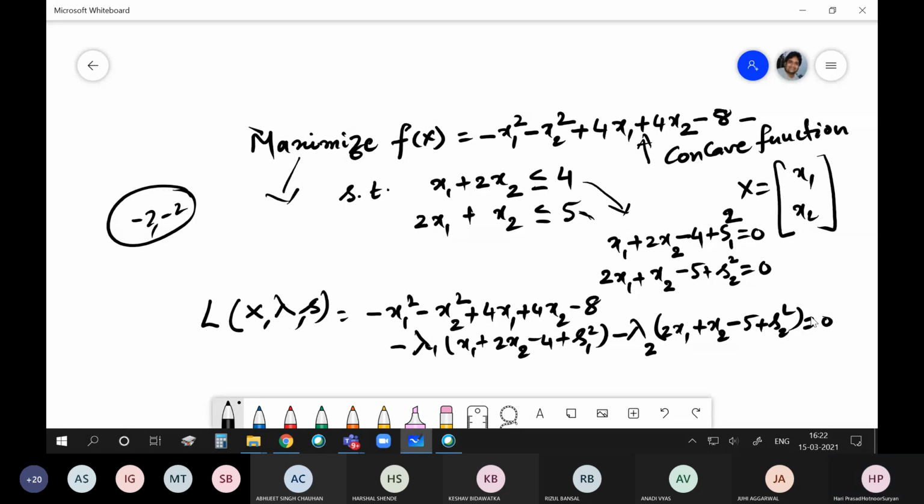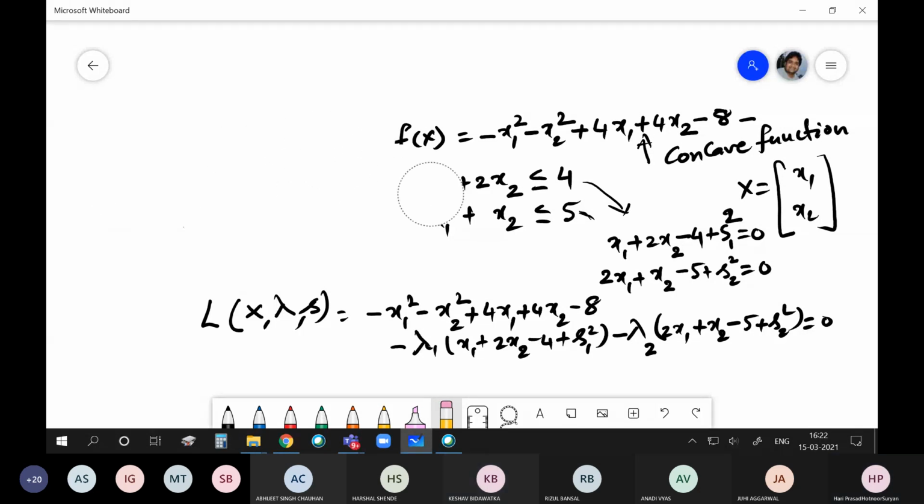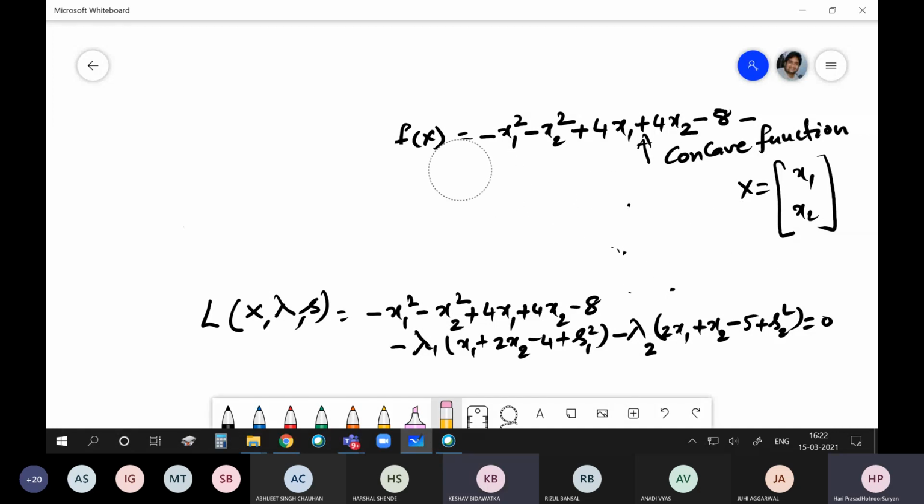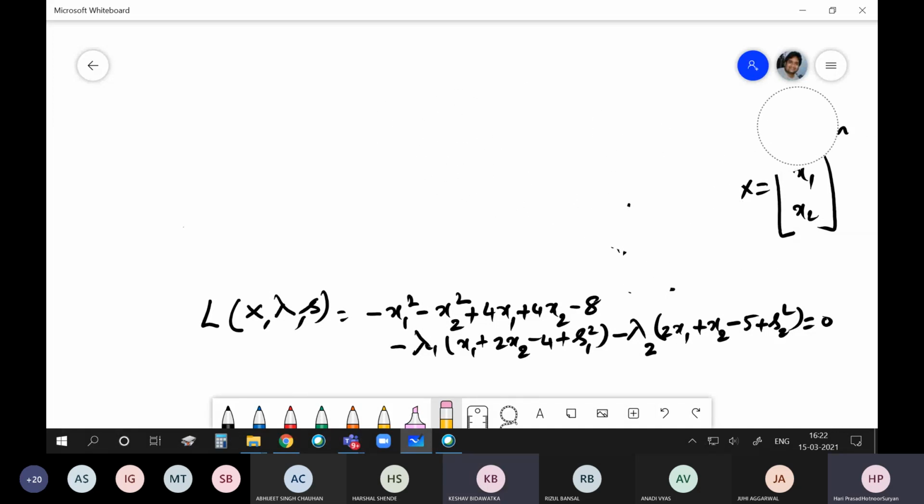Keshav, what will be the necessary condition? Keshav Bidavatka. Yes, sir. What is the necessary condition for to have a minimum or maximum? You have attended previous lectures, no?